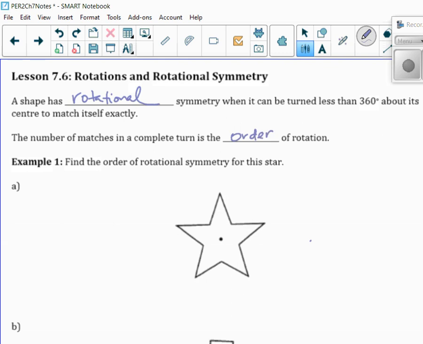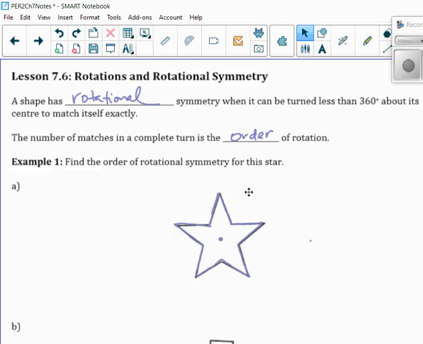So if you have any kind of tracing paper or paper that you can see through, some people can just figure out how much this is, but I'm going to show you. If I had a tracing paper, I'm just going to trace this, and then here's a circle here, and you can see what I'm doing. So this is on the tracing paper.